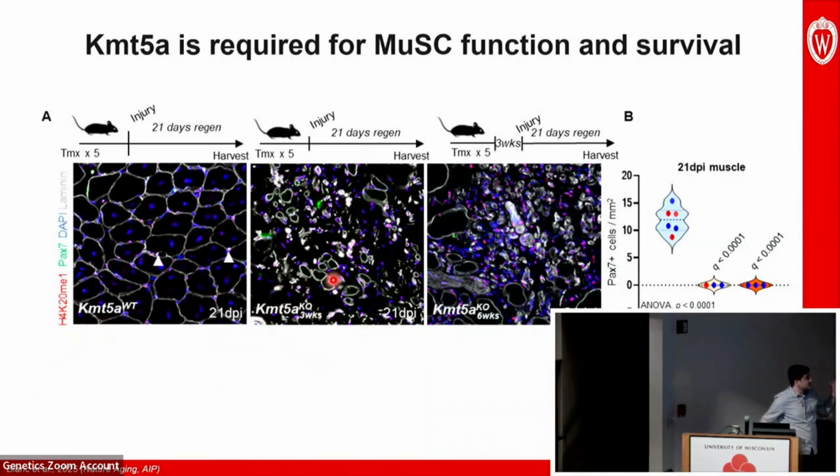And in the knockout, whether it was 3 weeks or 6 weeks later, at 21 days post-injury, regardless, what you're seeing here is essentially a bunch of ghost fibers, debris, and immune cells, basically saying that no regeneration occurred at all in those mice. And we found essentially no surviving muscle stem cells.